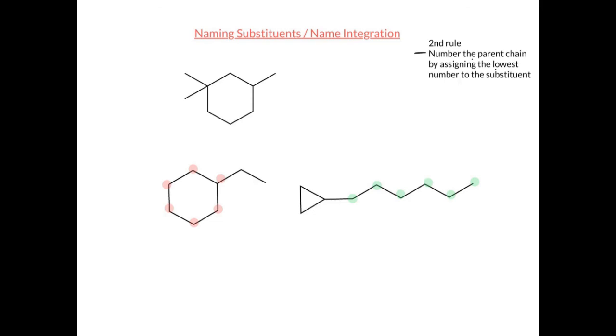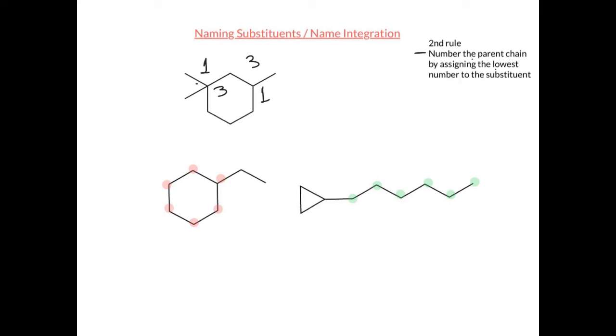In the case where we now have a cyclic structure with substituents, we again have to assign the lowest number to the substituent. In the compound we have on the top, if we assign number 1 to this carbon, the other one will be number 3, while in the opposite case that one will be number 1 and that one will be number 3.